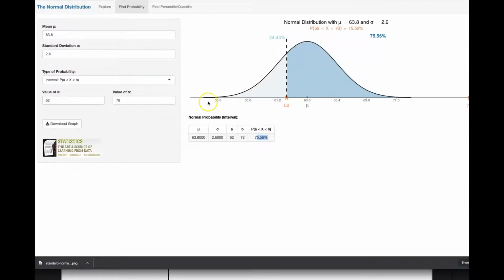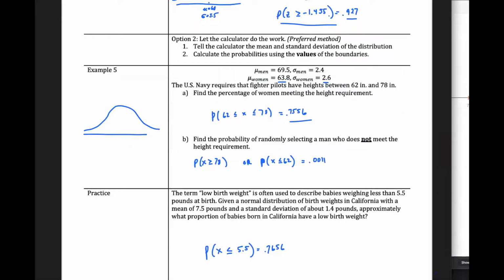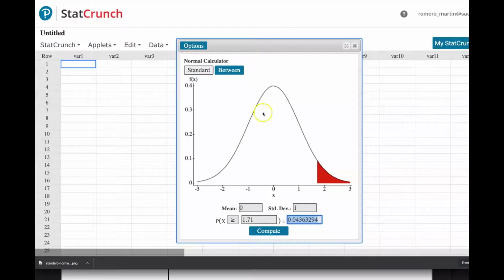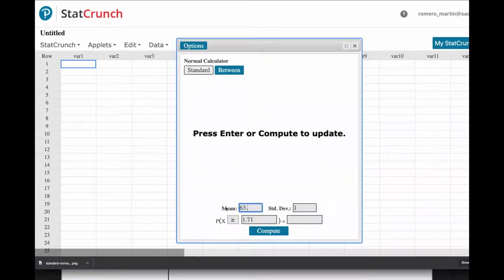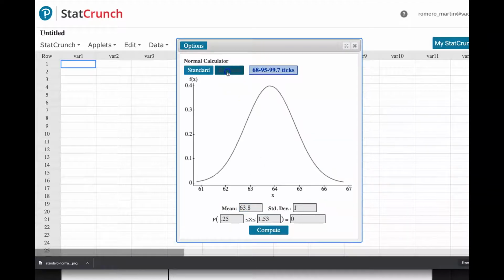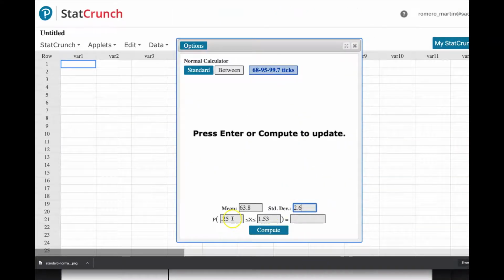You could see here, this is the distribution of all women. Again, going back to StatCrunch, normal distribution, you're going to put 63.8, and we want the between one, and 2.6 here, and then we want it between 62 and 78.